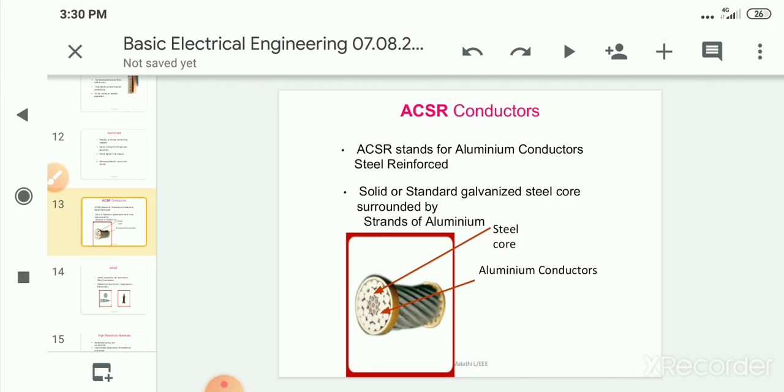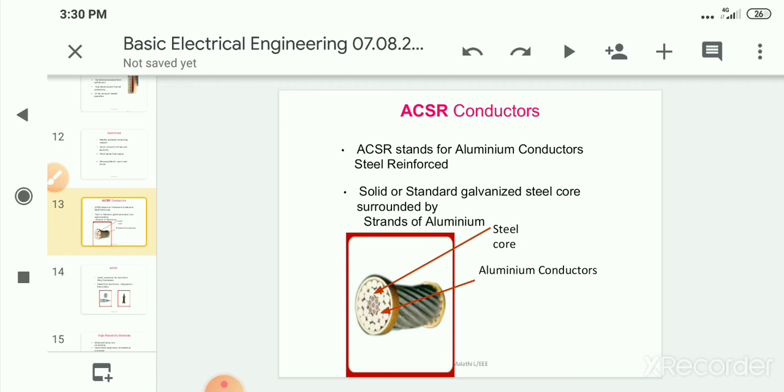The most commonly used conducting materials for overhead lines of transmission and distribution of power are copper and aluminum. Copper has high electrical conductivity and great tensile strength, but due to its high cost, it is rarely used for this purpose, because our transmission and distribution lines are very long, very heavy lines.